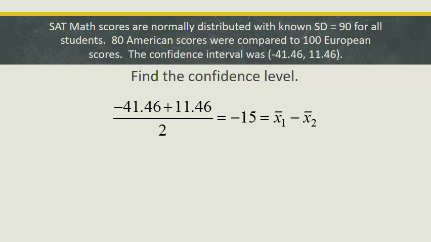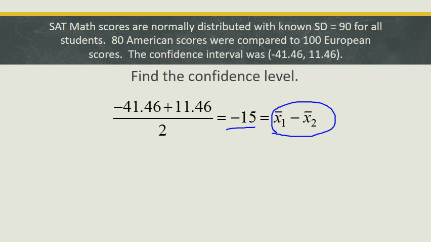Remember that the center is the difference in the sample means. And since the difference was negative, that actually means the European sample mean was 15 points higher than the American sample mean. That's not really required to solve this problem, but it's an interesting bit of information.